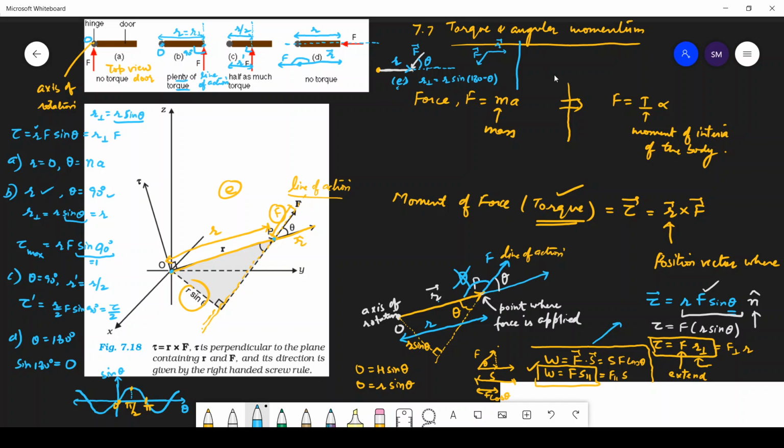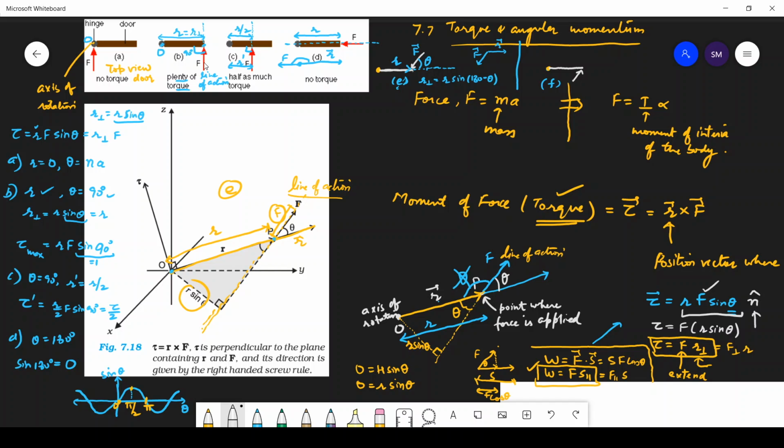Now what is the figure which is there in our book? That is figure F, which is there in our book. Okay, this is the hinge and this is the door, and you are applying the force from here.